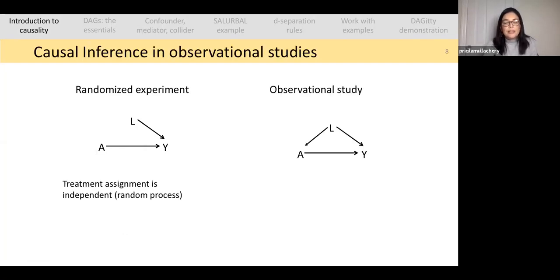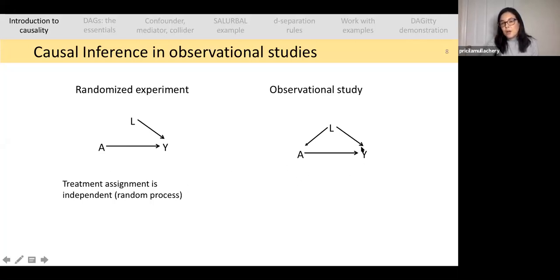However, randomized experiments are not always possible. In some cases, they're not even indicated. And we have a host of observational data that we have available. Causal inference methods have evolved to use this observational data in order to answer the questions that we are interested in.